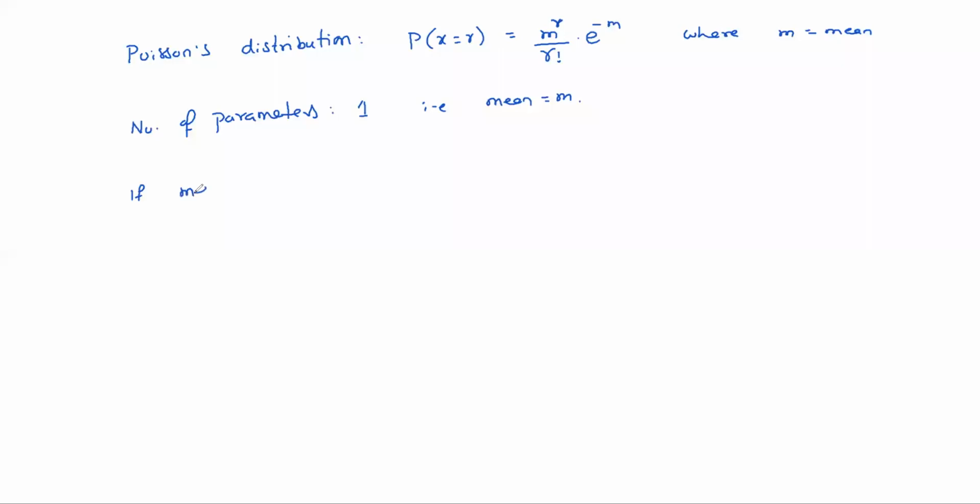Suppose the mean value is lambda, then P of r equal to lambda to the power of r by r factorial into e power minus lambda, right? In place of m, you can use lambda also.